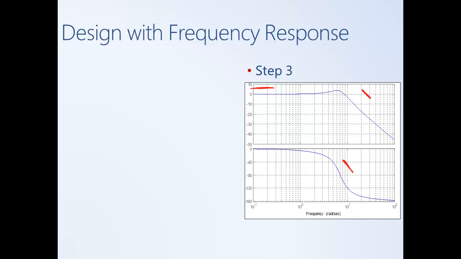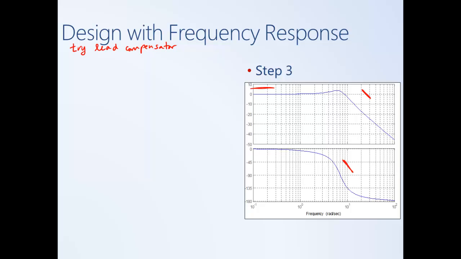I'm going to go ahead and propose a controller that we haven't heard about yet. It's called a lead compensator. So we're going to try a lead compensator. I'm just going to give it to you, but we'll discuss it further as we go along in the course.